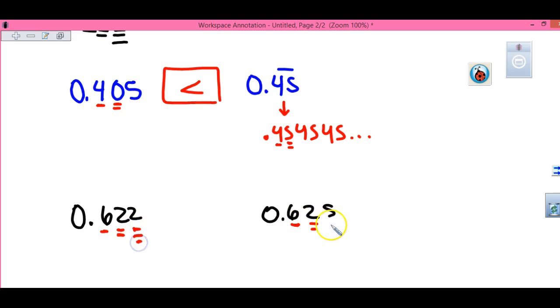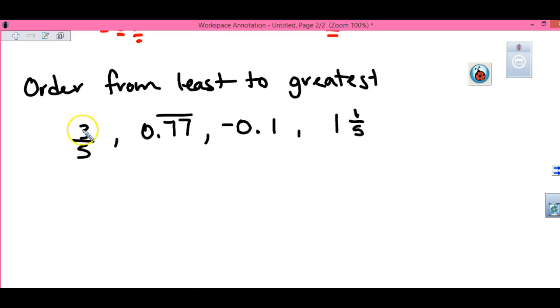What about the number in the thousandths place? Different. So is 2 less than or greater than 5? Less than.